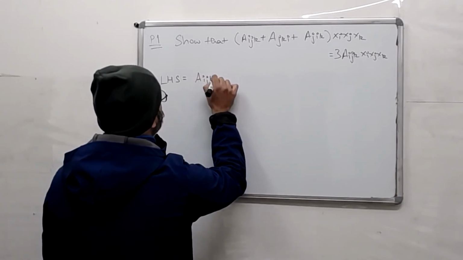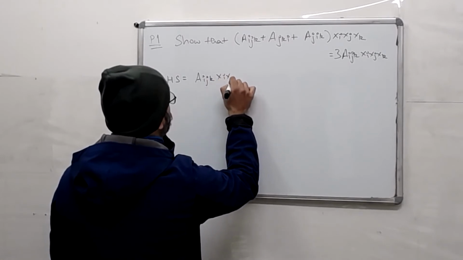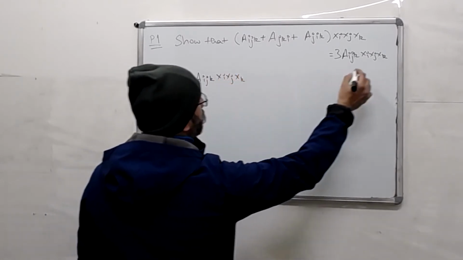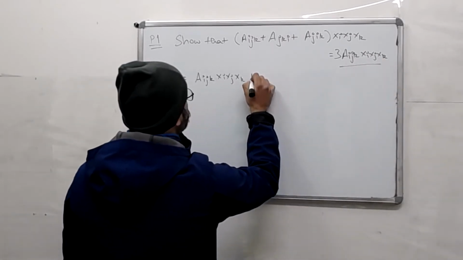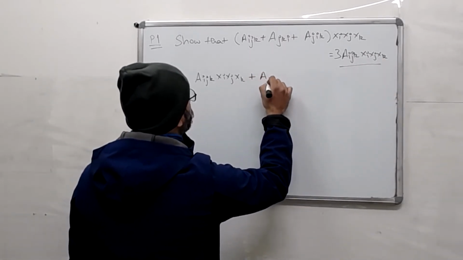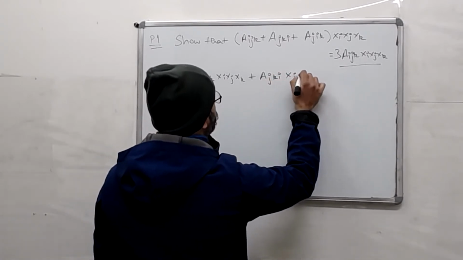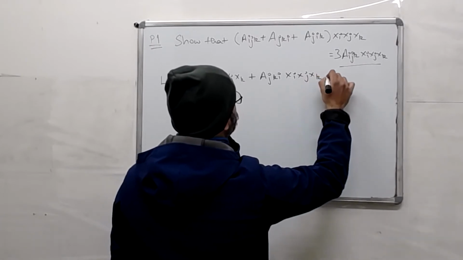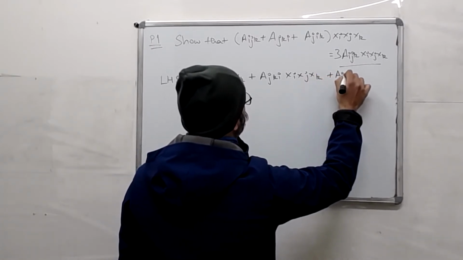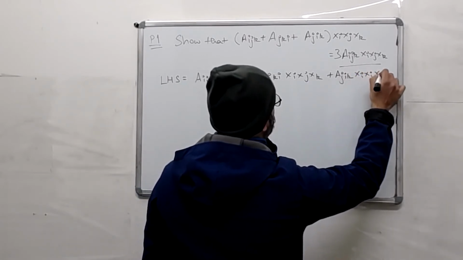The first term becomes aijk times xi, xj, xk. So that's 1/3 of this, so that's good. The second term is ajki times xi, xj, xk, and the third term is ajik xi, xj, xk.